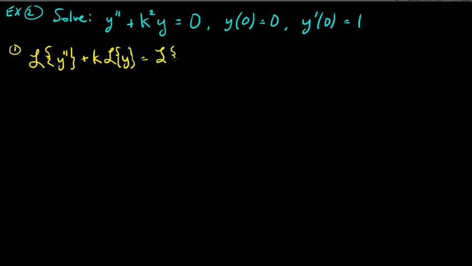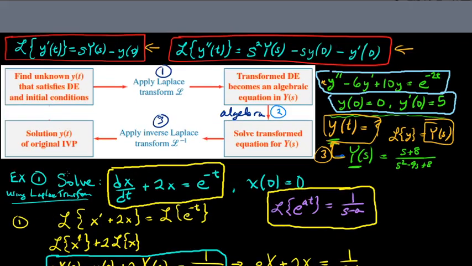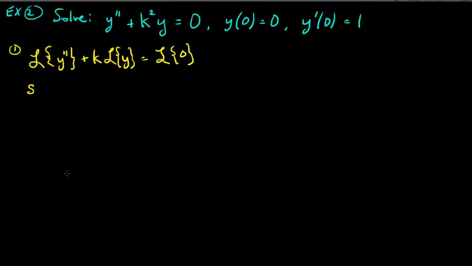And the Laplace transform of 0 is still 0, right? We did that. That was the very first example we did in 7.1 in the last section. So what's the Laplace transform of y prime? Well, it is way up here, but I'll remind you of it.